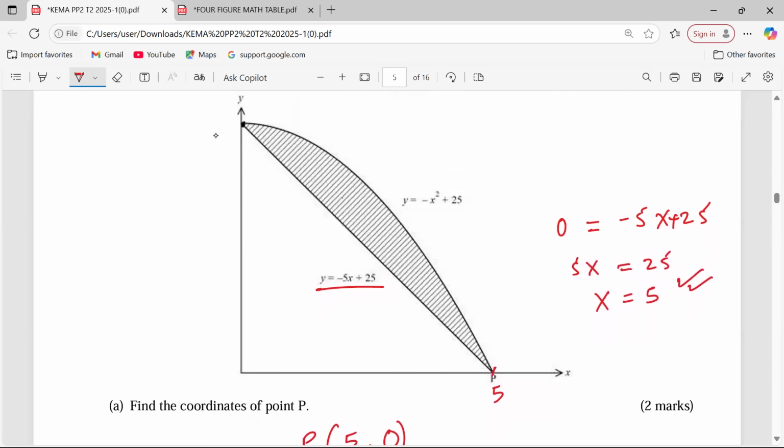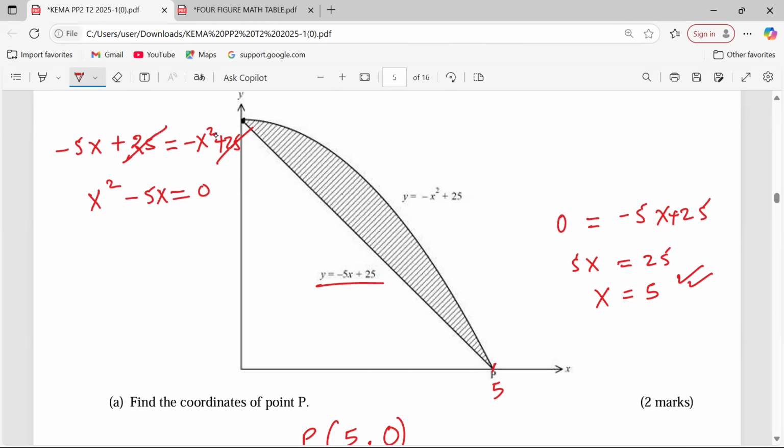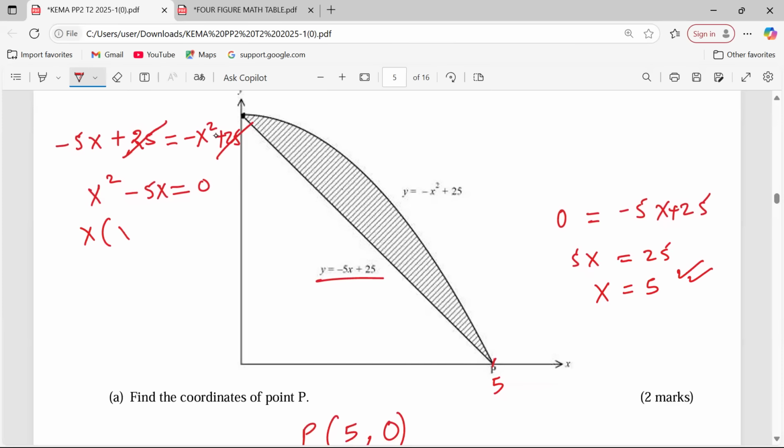Yeah, simple. People can also say because it is the intersection of the two functions, then we can equate negative 5x plus 25 being equal to negative x squared plus 25. So you see, 25 will cancel one another. And now x squared minus 5x will be equal to 0. So factor out x to remain with x(x minus 5) equals 0.